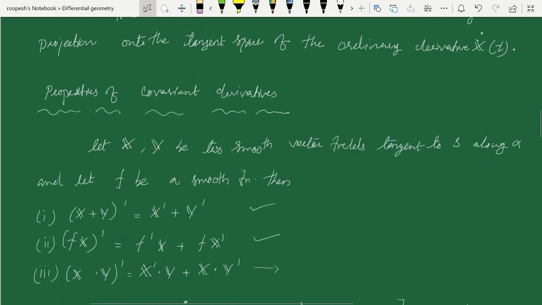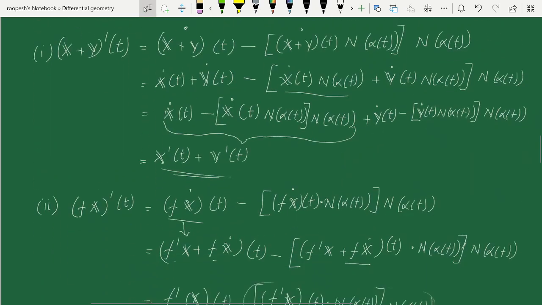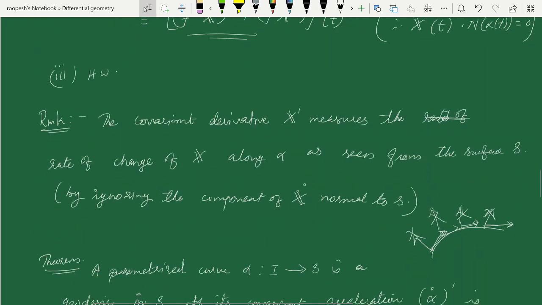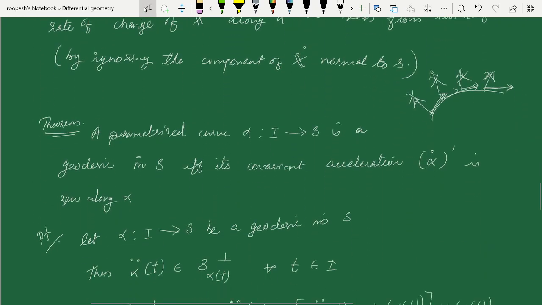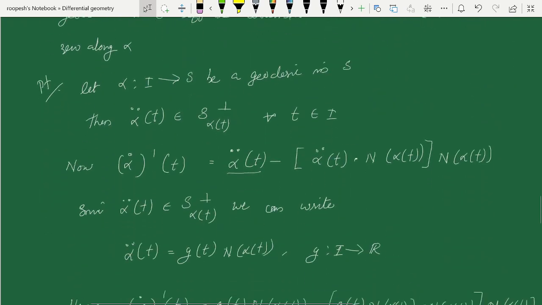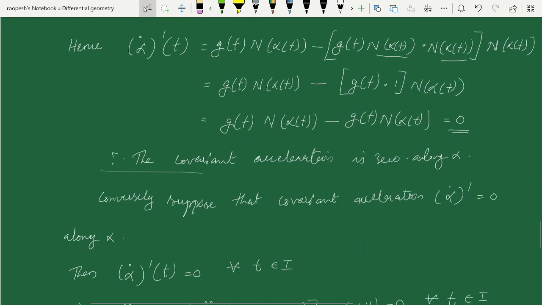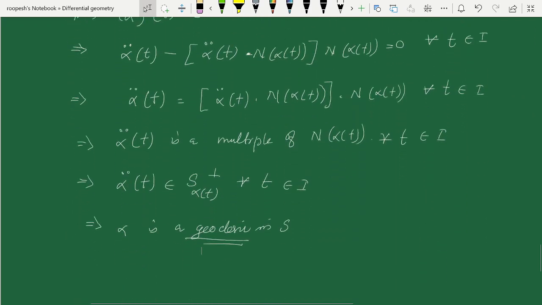Then there are three properties. Then a theorem: a parameterized curve alpha is a geodesic in S if and only if its covariant acceleration is 0 along alpha. So I hope you understood the concept of covariant derivative.